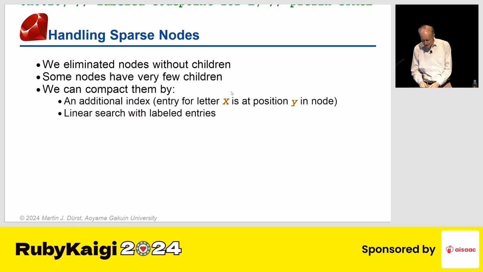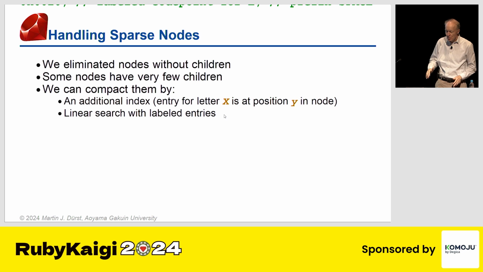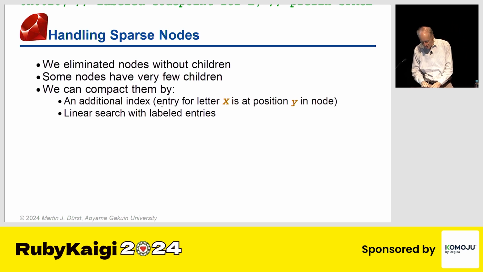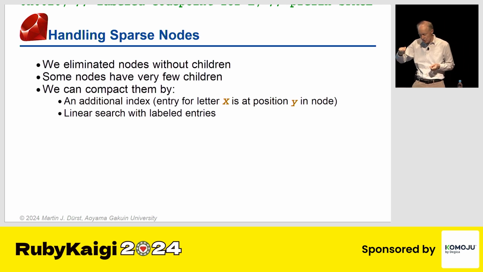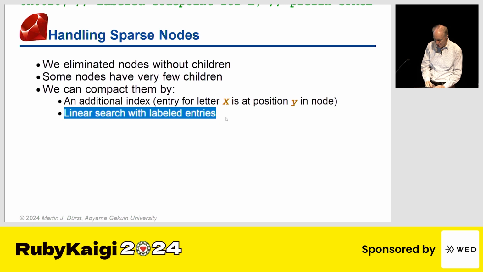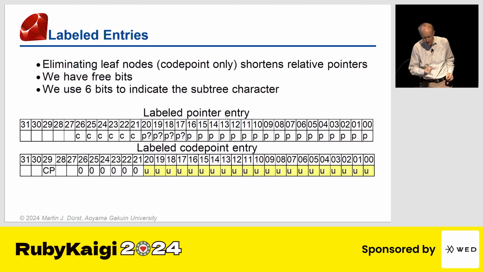So we can compact these nodes. One way is to use an additional little index that says, for letter so-and-so, it's at entry so-and-so, and then we can compress the entries. Or we can do linear search with labeled entries. And that's what we do. So we have these labeled entries.